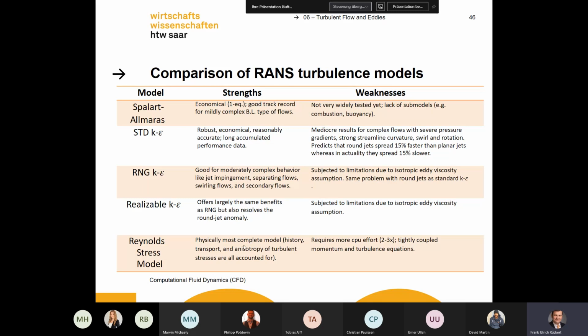The advantages and the weaknesses of the different types of models. If you want to do a good simulation, you have to choose the model really well to have a good prediction.